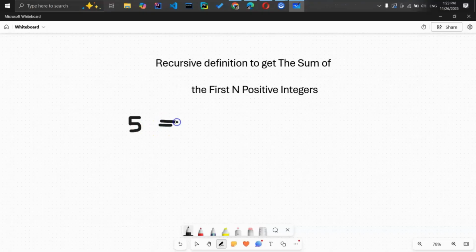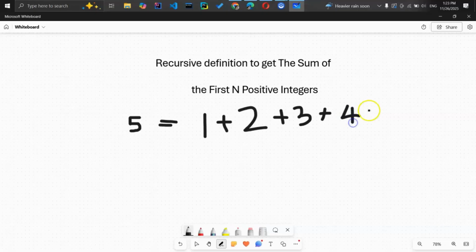We can write it as 1 plus 2 plus 3 plus 4 plus 5, right?